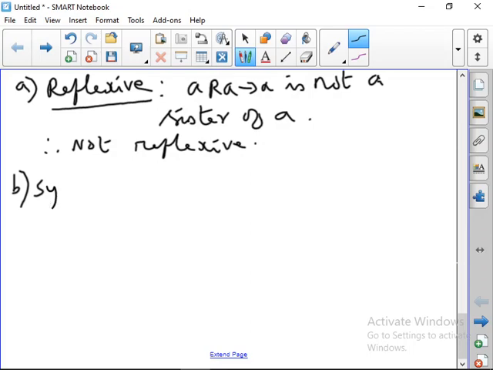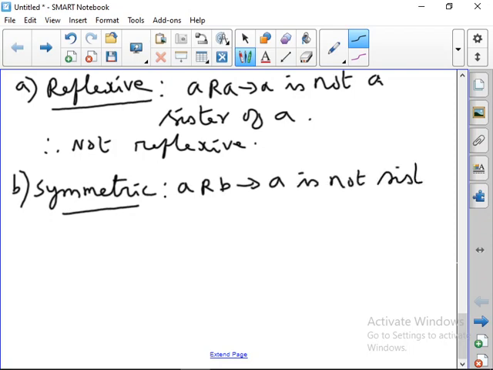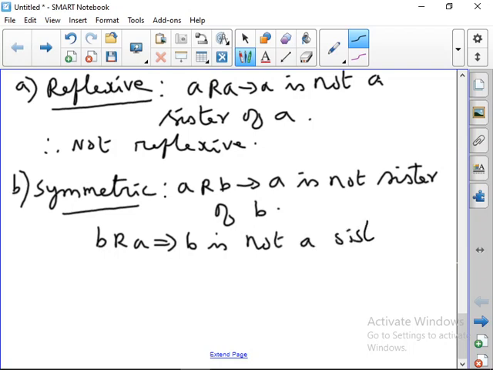What about symmetric? When you take A related to B, means A is not a sister of B. B related to A, B is not a sister of A. So here take A as a brother, and B as a sister.